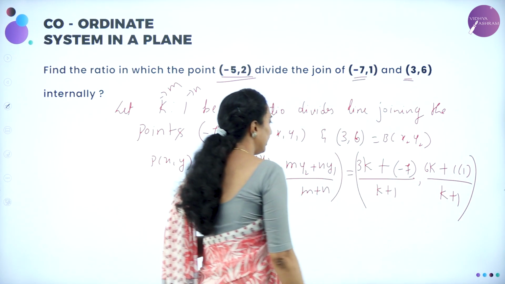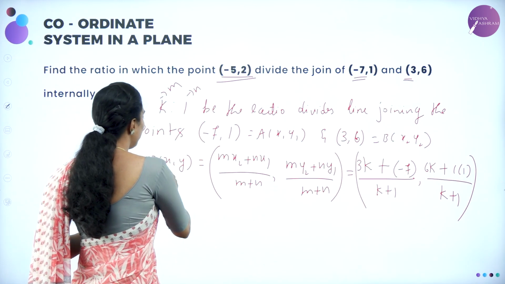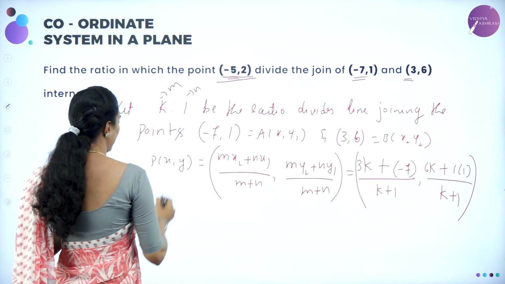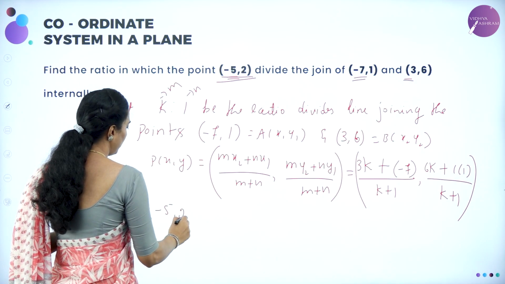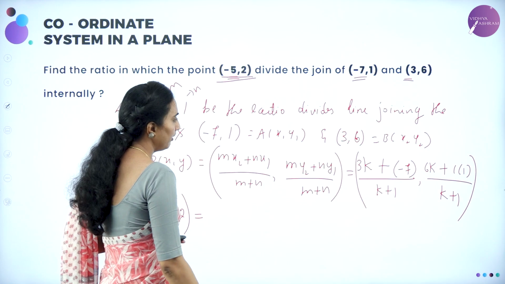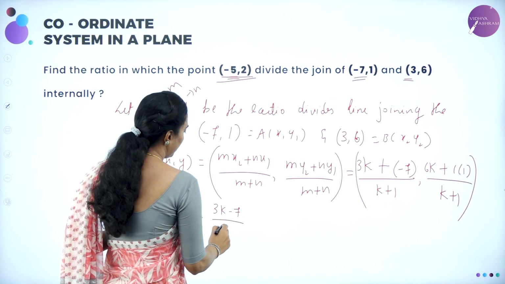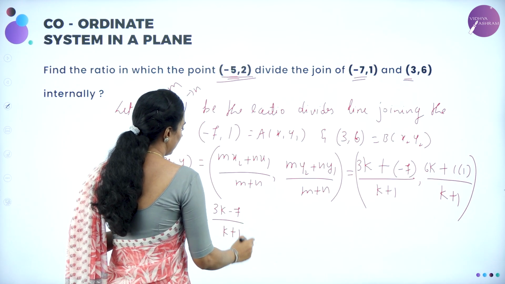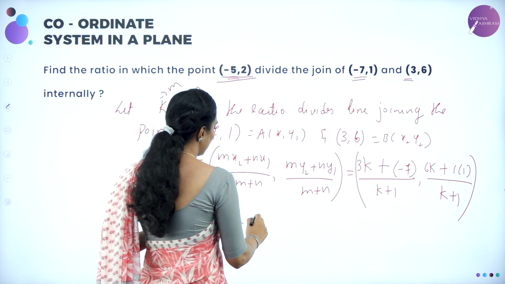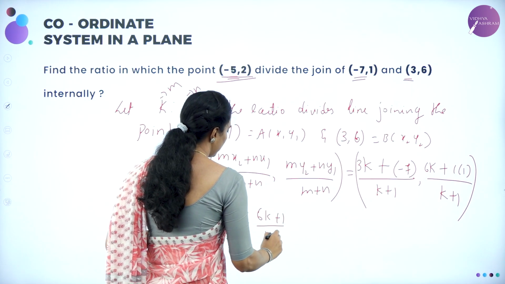That is the coordinate. Therefore P of x, y, which they have given as (-5, 2), is equal to ((3k - 7)/(k + 1), (6k + 1)/(k + 1)).